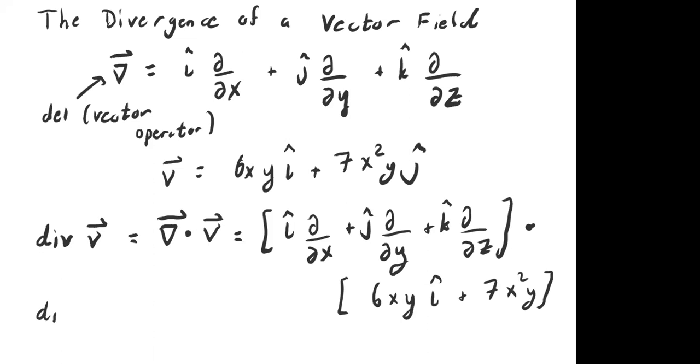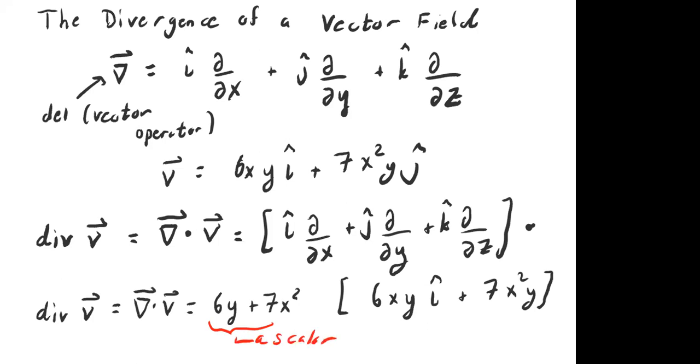So you should be able to convince yourself that in this example, the divergence of V, which is the same thing as del dotted into V, is just going to be 6y plus 7x squared, which is a scalar. So if you take the divergence of a vector, you must get a scalar. You don't get a vector, okay? When you take the gradient of a scalar function, you must get a vector.